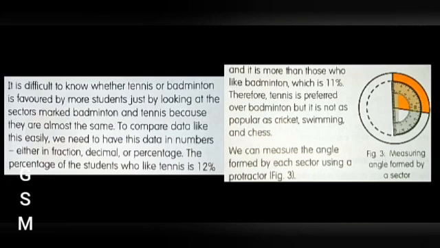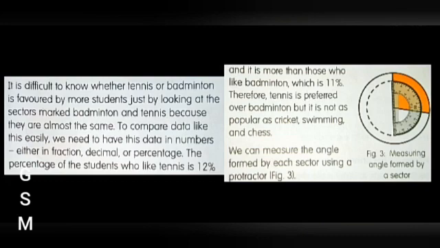To compare data like this easily, we need to have this data in numbers, either in fraction, decimal or percentage. The percentage of the students who like tennis is 12%, and it is more than those who like badminton, which is 11%. Therefore, tennis is preferred over badminton, but it is not as popular as cricket, swimming and chess.